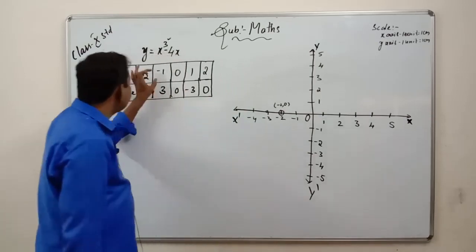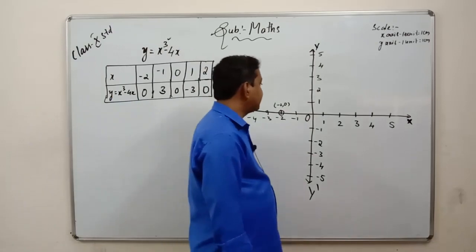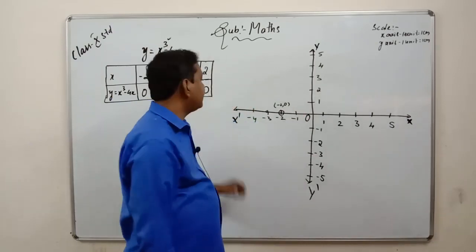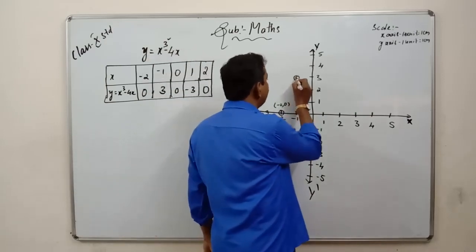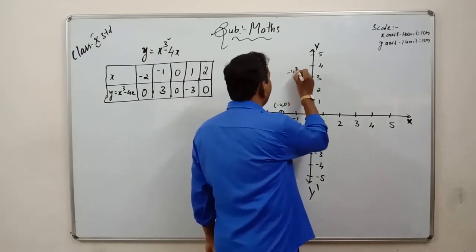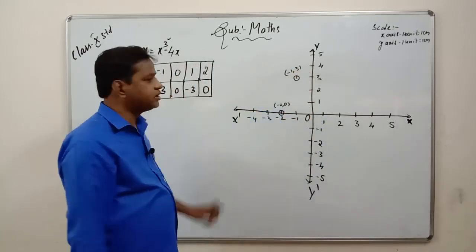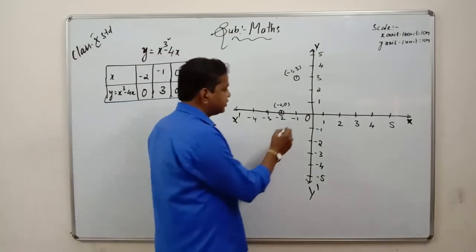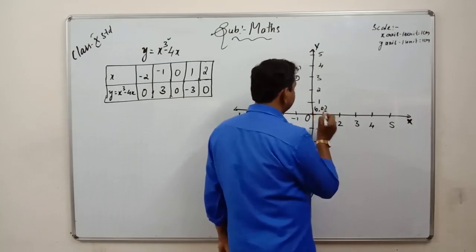What is the second one? Minus 1, 3. X is minus 1, and y is 3, so this is minus 1 and 3. What is the third one? 0 and 0. Where will we get this point? These are the coordinates here, so this will be 0, 0.